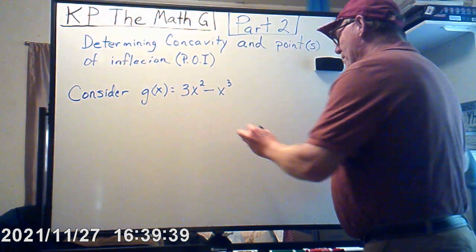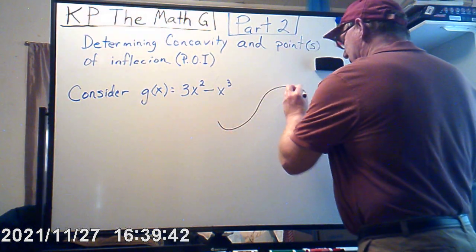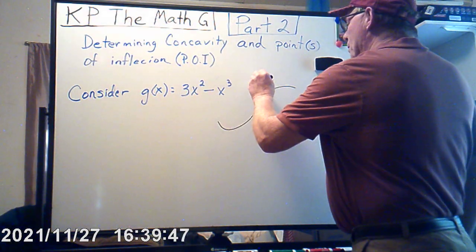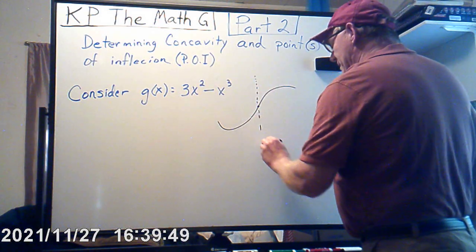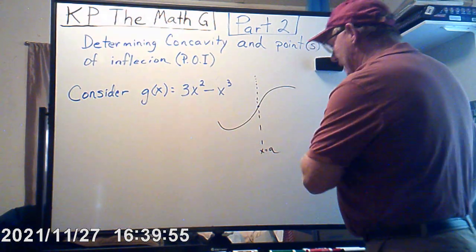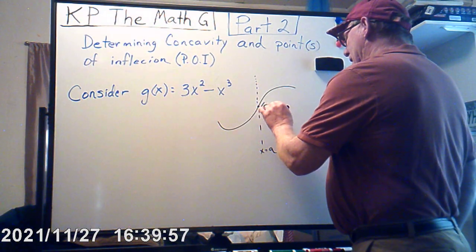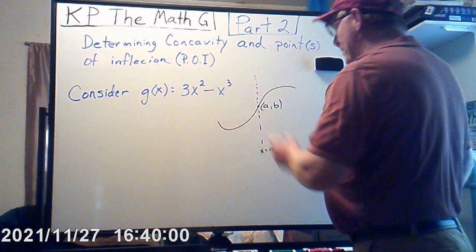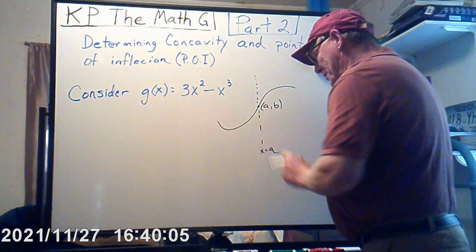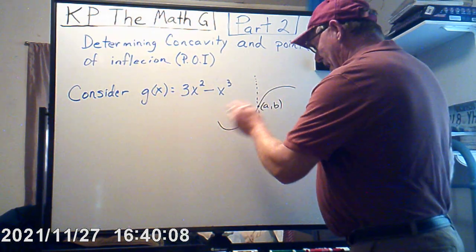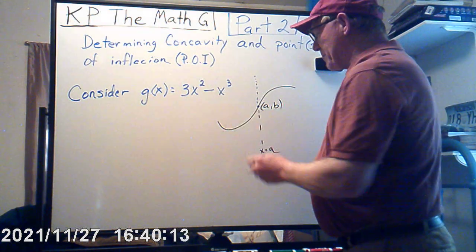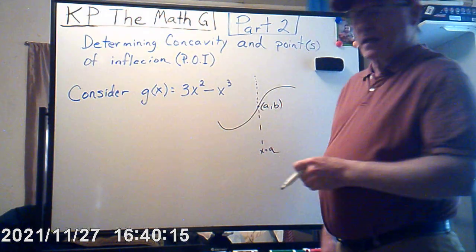Just keep in mind what a point of inflection is. I always use the x value of the point of inflection. So if x is equal to a, say the point is (a, b), then to the left of x equals a the second derivative is positive, because the graph is concave up.